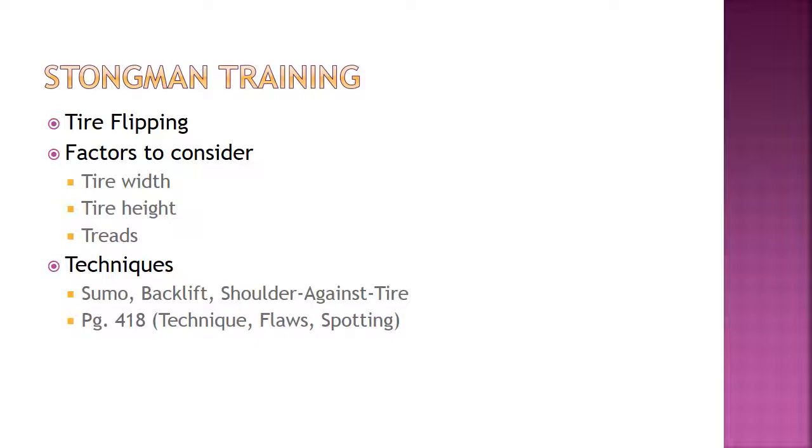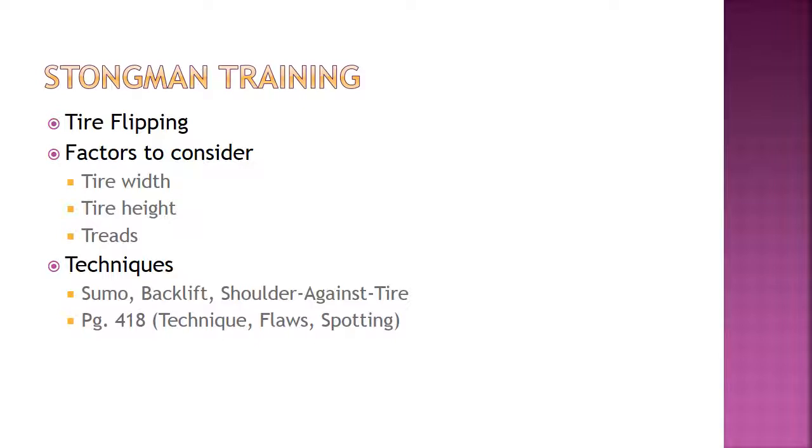The sumo style is what you would think of with the sumo deadlift, with just the wide stance and the arms in a narrower grip. Again, the issue is sometimes you have a little bit of a disadvantage with that. The back lift style is basically performed with a conventional deadlift stance.